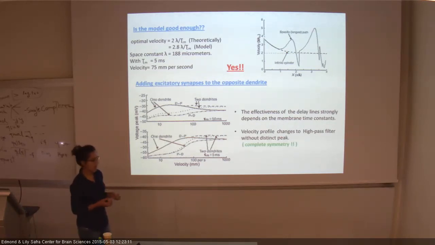Because if you have a longer time constant, then the signal can move slowly and still build some potential at the soma. But if you have a small window, then the signal has to move fast to build up some kind of potential at the soma. No? Maybe, I don't know.